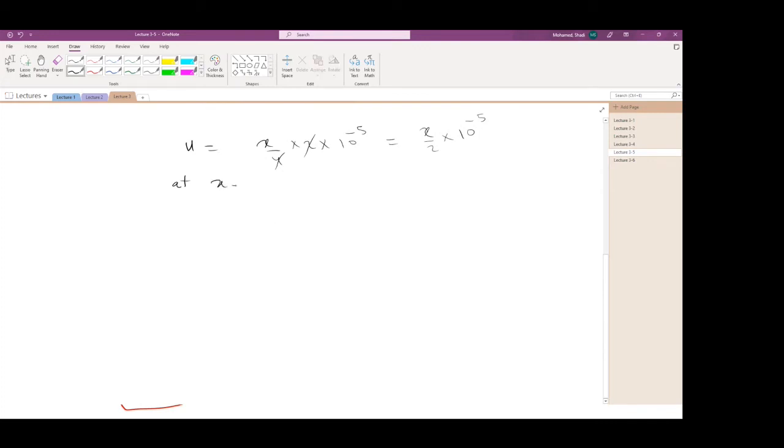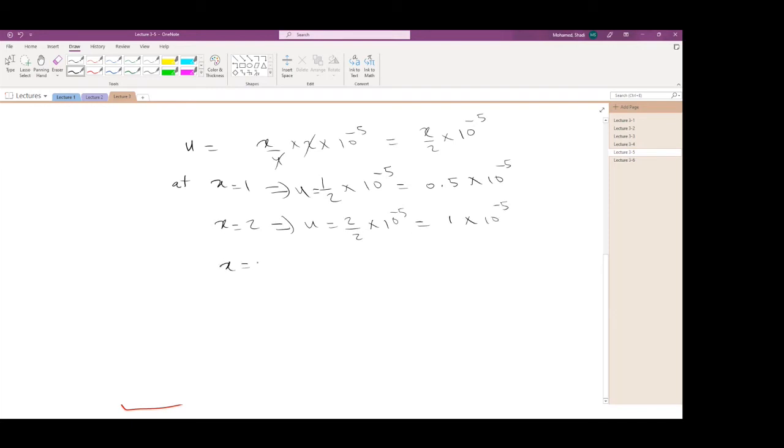At x equal to 1, we have half multiplied with 10 to the power minus 5, or you just write it 0.5 times 10 to the power minus 5, or you just write it 5 times 10 to the power minus 4. I really don't care how you write it. It's completely up to you. At x equal to 2, you have u to be 2 divided by 2 multiplied with 10 to the power minus 5, or this is 1 times 10 to the power minus 5.